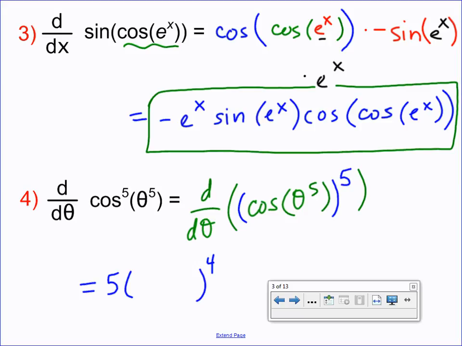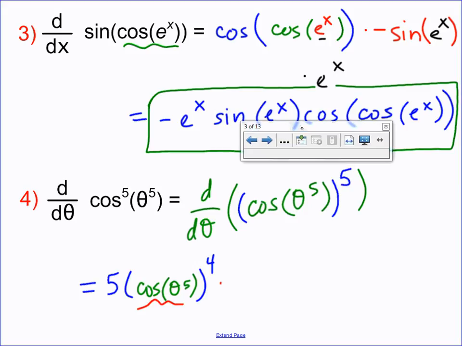So my inner function is cosine of theta to the 5th. When I go to do times the derivative of my inner function, cosine differentiates to opposite of sine with the angle, and then times the derivative of the angle. My angle wasn't x though, it was theta to the 5th. So I need to use my chain rule the final time: the derivative of that inner function, theta to the 5th, is 5 theta to the 4th.